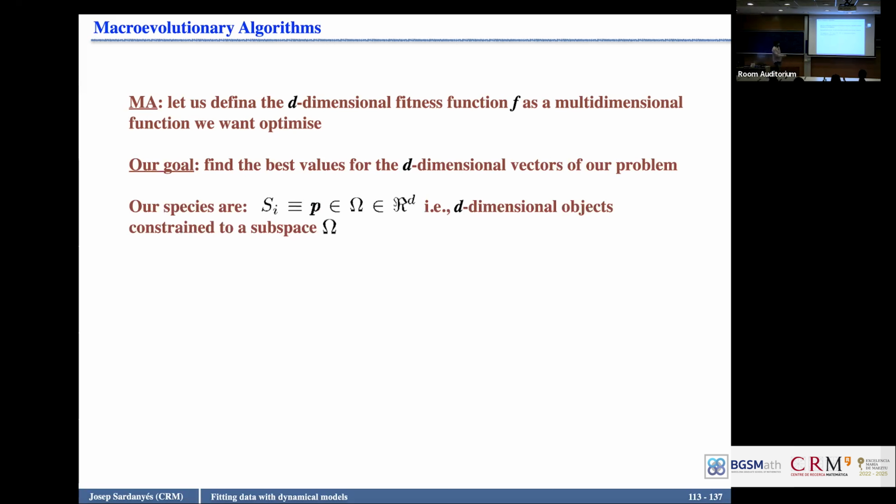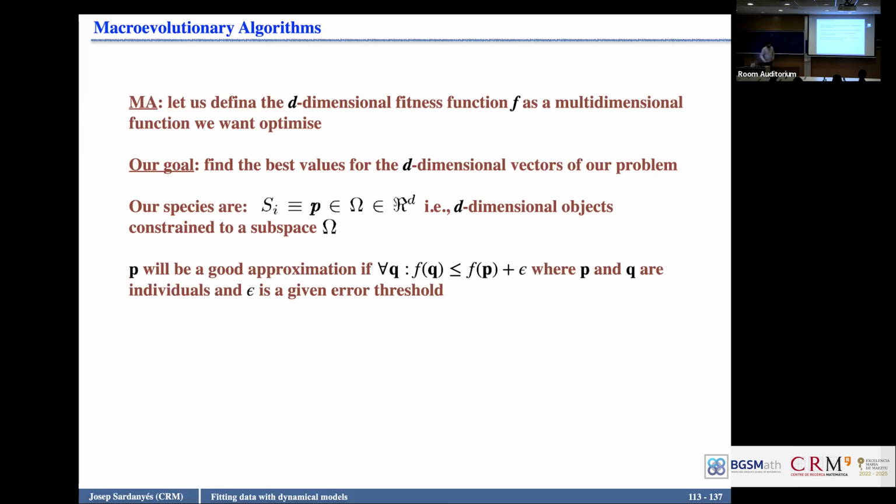And our species, S_i, are given by a vector of parameters that belong to a d-dimensional subspace. And P will be a good approximation of Q if the fitness of Q is lower or equal than the fitness of P plus some error threshold, where P and Q are different individuals.